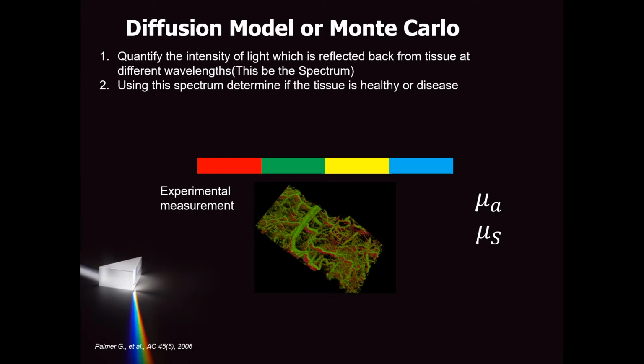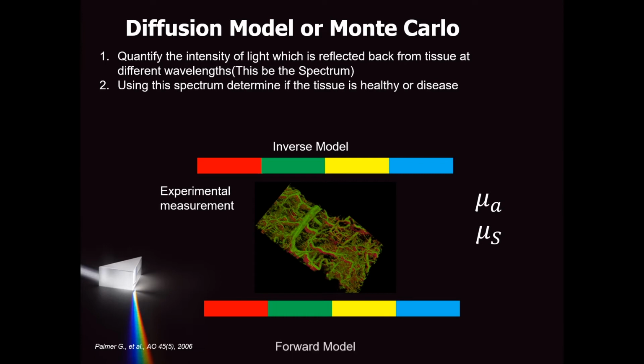So we want to quantify not only how much light reaches inside the medium or is coming back from it, but also we want to objectively determine the status of biological tissue using these measurements. We want to derive the optical properties of a medium. This is a very hard problem, and it's actually called the inverse problem.